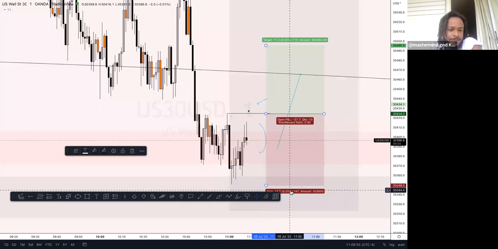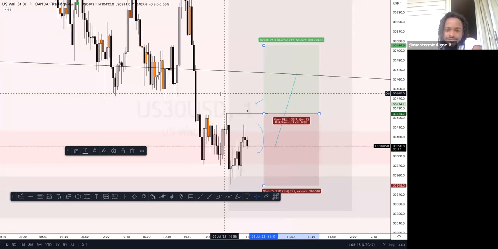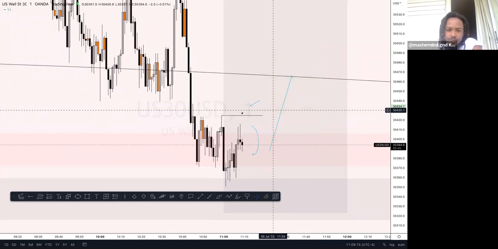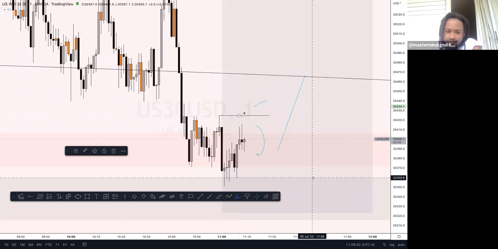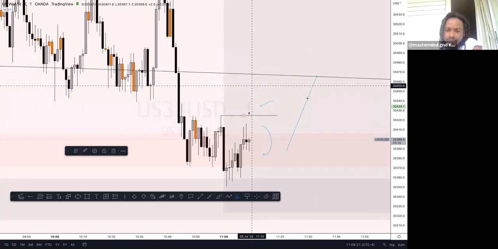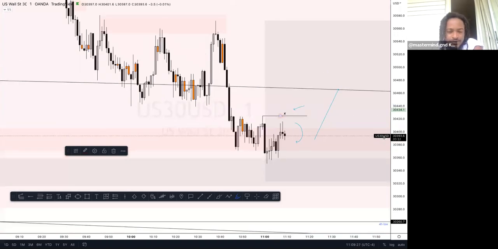That means that if you use 10 lots, you would be risking $700 on MyForexFunds or True Forex Funds. If you use 10 lots, you'll be risking 700 max, right? But we're not going to execute unless we have this high broken, and then we could go ahead and take the risk and execute, right? Because the market could go either way.